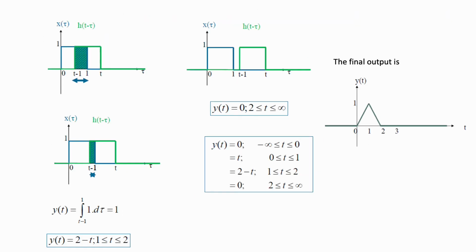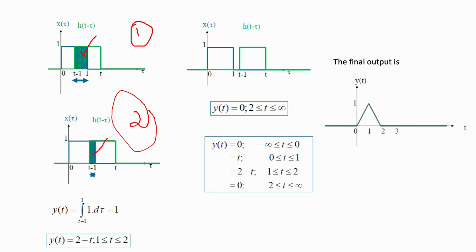The next one, still you move towards right. This part is 1, this part is 2. The t is placed after the 1. Now what will be the common portion? This is the common portion. Similarly, little bit the signal is moved towards right. You look at the common portion.